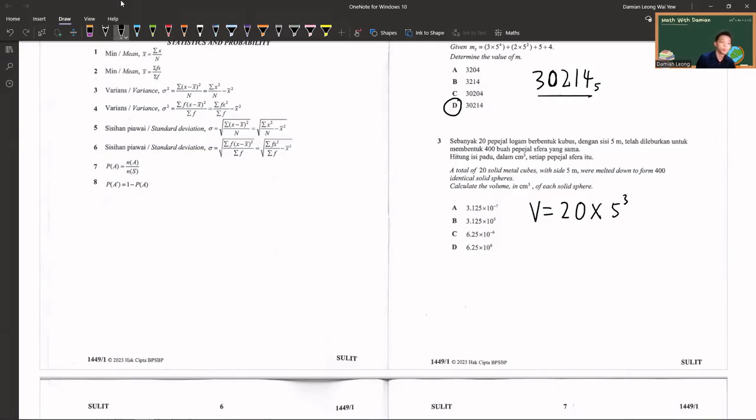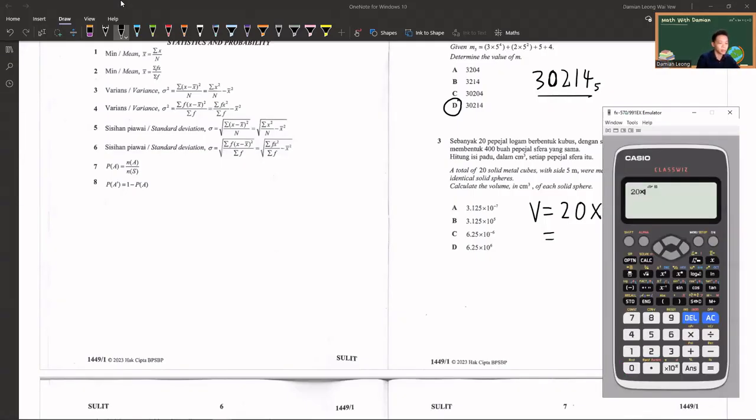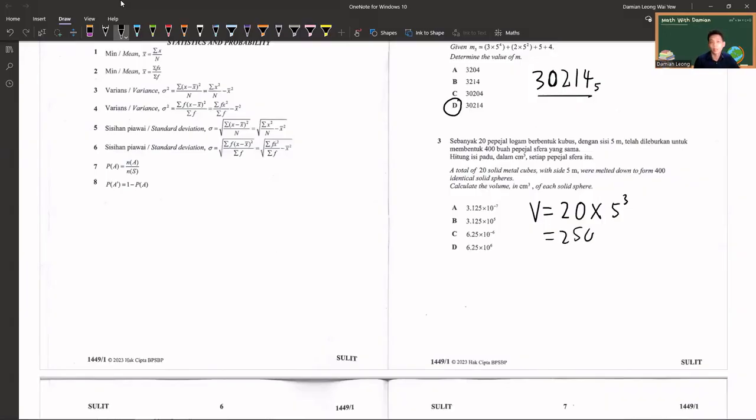Okay, we cube to find the volume of each cube. Cube the length of side. Okay, so 20 times 5 cube. Kami bilang 20 times 5 cube. 2,500.